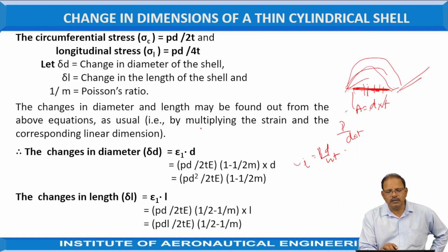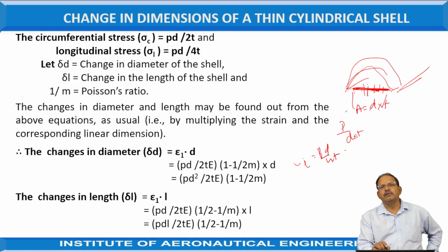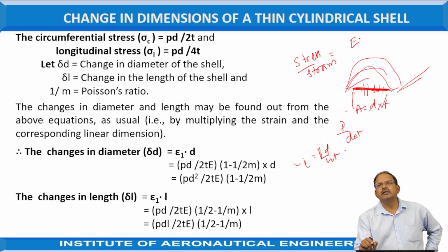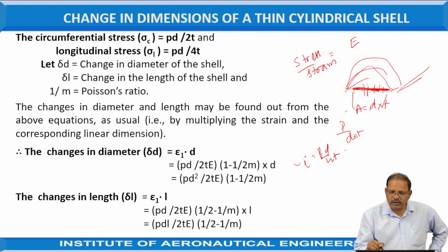So the change in diameter and length may be found from the above equations as usual, that is, strain multiplied by the corresponding linear dimensions. Here, strain is equal to stress divided by Young's modulus, generally represented as E. We can write strain is equal to stress divided by Young's modulus.